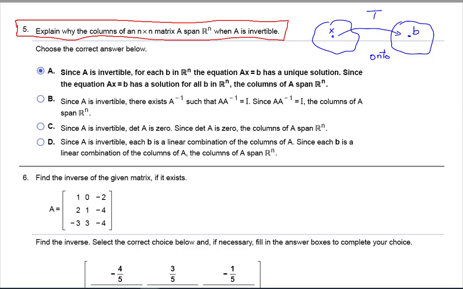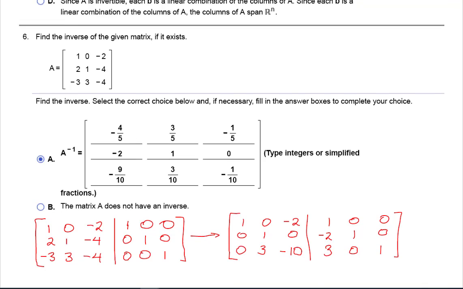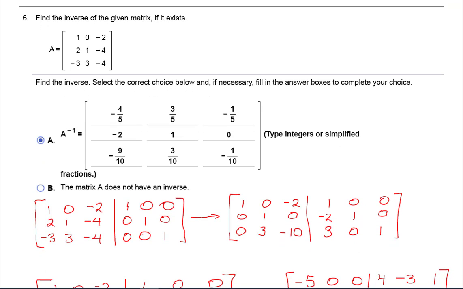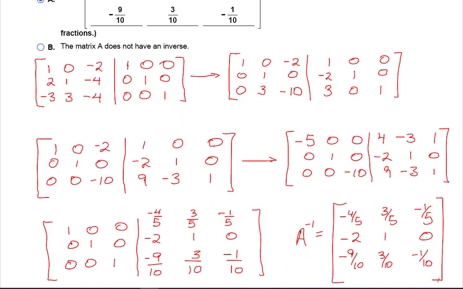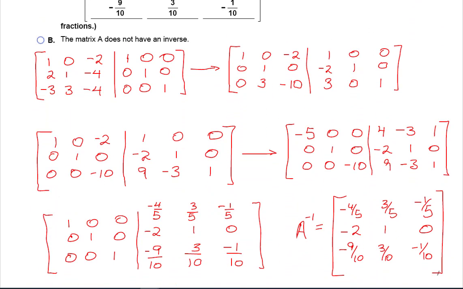All right. Question 6, we have a 3 by 3 matrix. We're looking to find A inverse. All right, so, well, here's matrix A on the left. On this portion, we have I3.